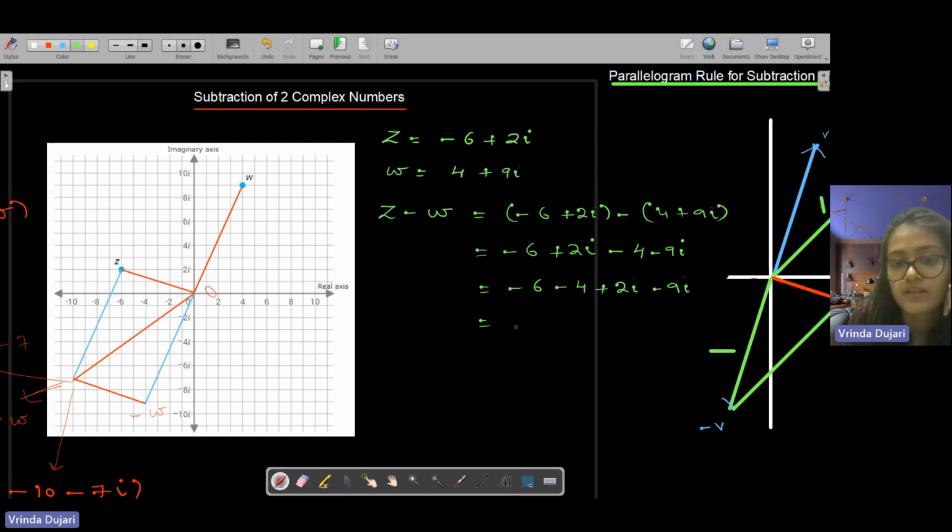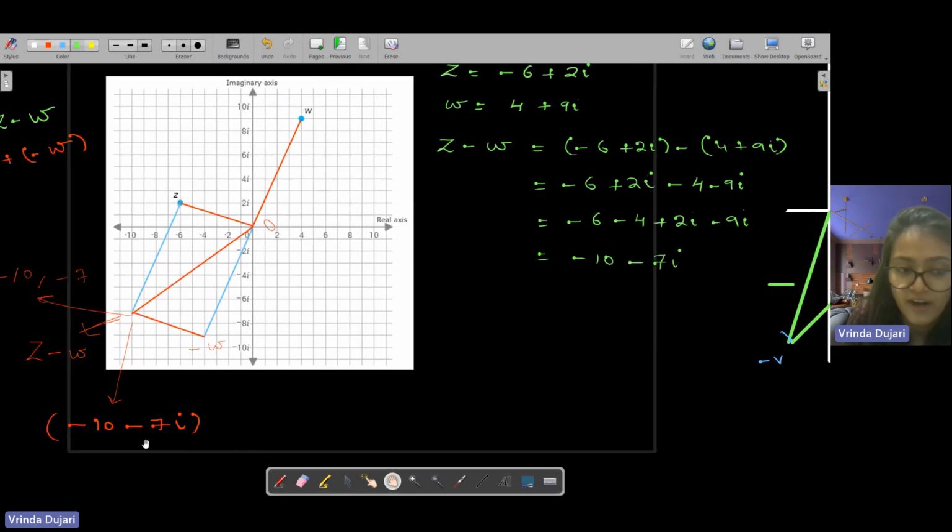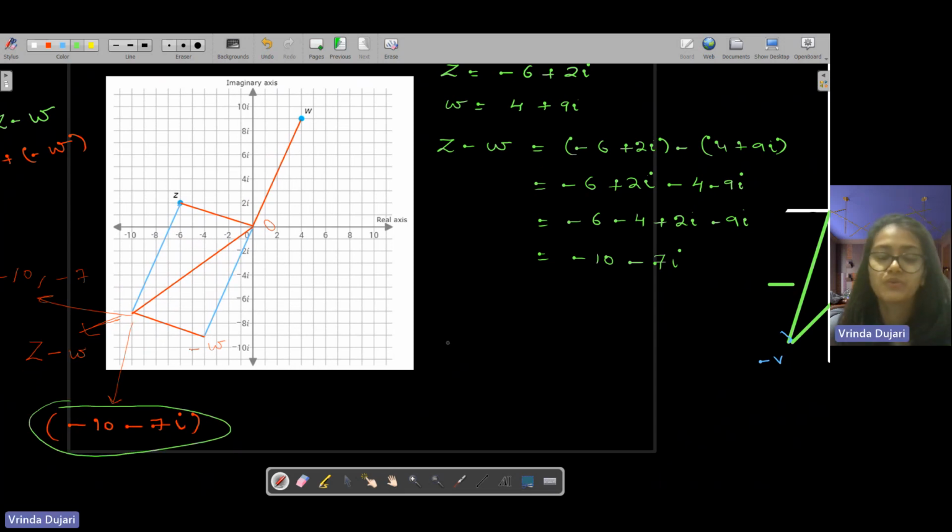Negative 6 minus 4 is negative 10. 2i minus 9i is negative 7i. Oh, and whoa. What did we get graphically? We got the same thing, right? So this is how you subtract two complex numbers on the complex plane.